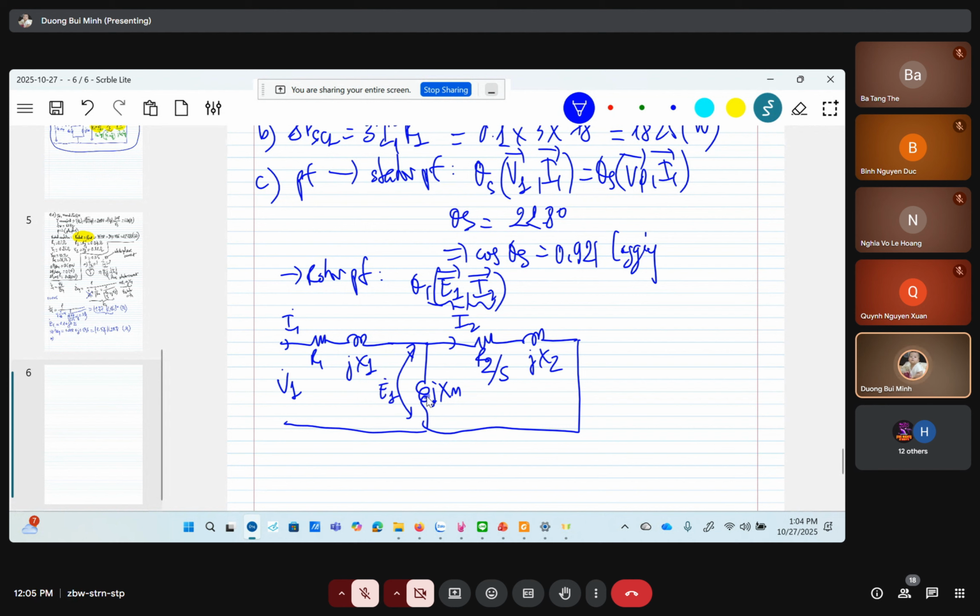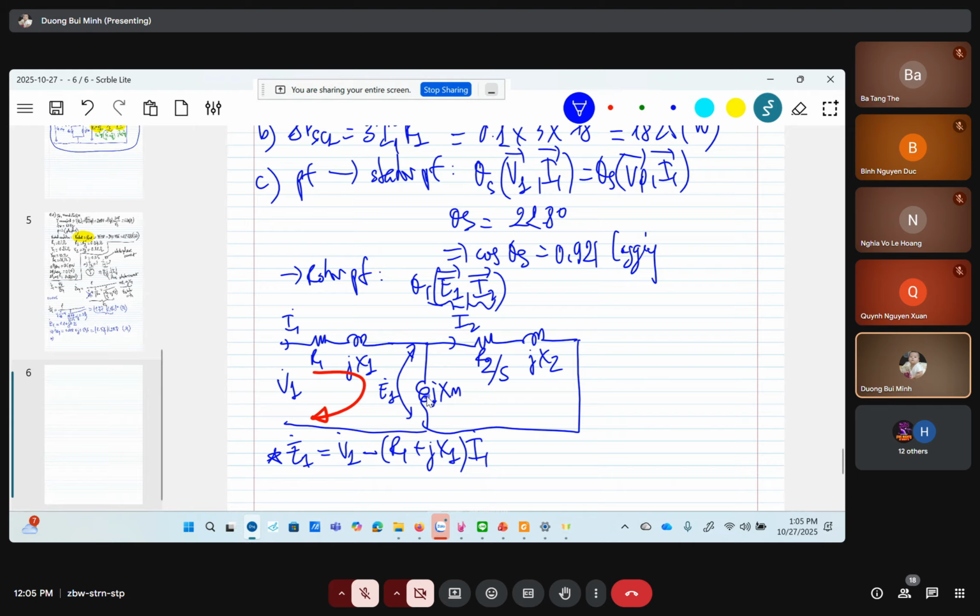So we need to calculate E1. We apply Kirchhoff's voltage law for this loop. So E1 is V1 minus (R1 plus jX1) times I1.